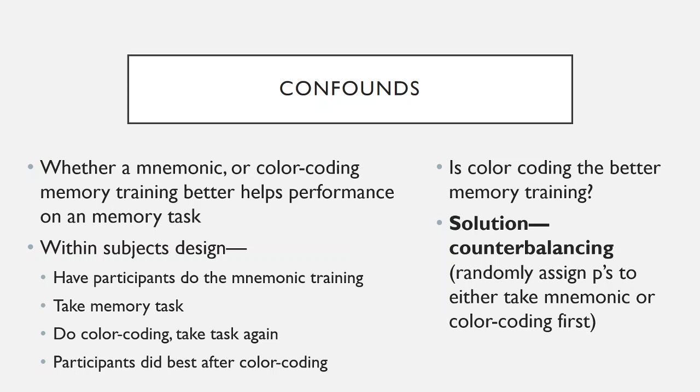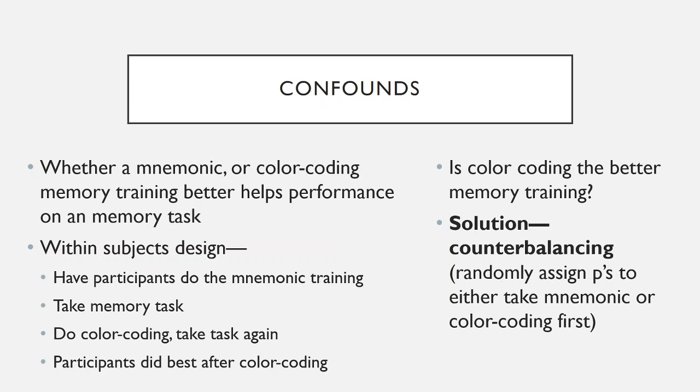So I have a couple options for improving this particularly flawed design. I can counterbalance my conditions. This is a way to make sure that order effects don't enter into your within subjects design. I would randomly assign participants to either have mnemonic training first or color coding first, thereby allowing me to see whether participants improved more from mnemonic or color coding beyond simple order effects, training effects, or fatigue effects.